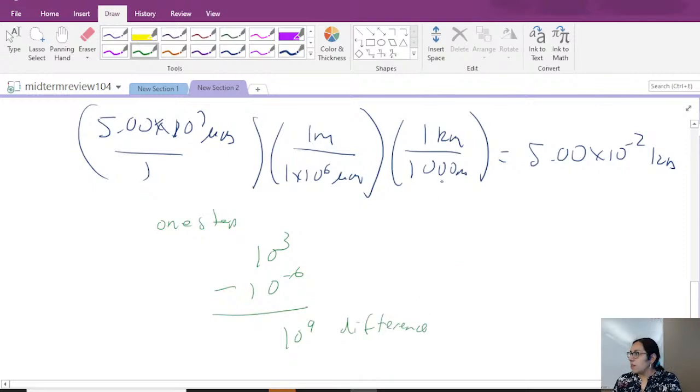And so you get that same 10 to the 9th factor there. Let me write that the positive way. So 1 times 10 to the 9th micrometers is equal to 1 kilometer. So that also works.